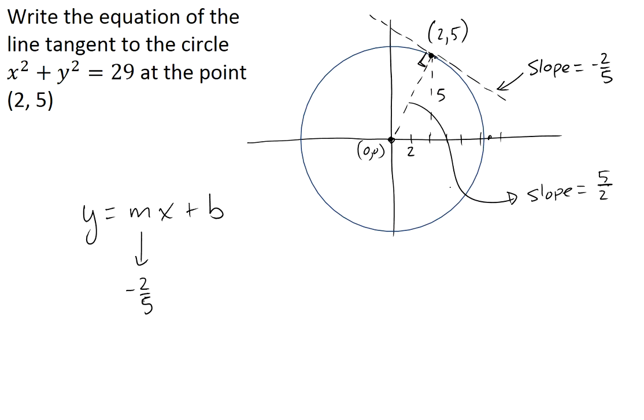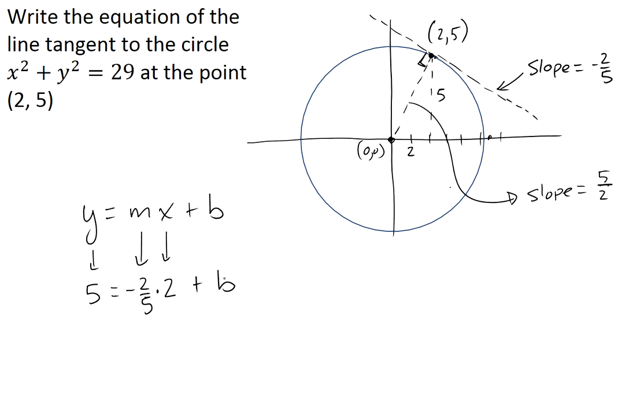I also know that this tangent line contains the point where x is 2 and y is 5. If I plug those values in, I have an equation where I know an x, a y, and a slope. The only value that I don't know is b, my y-intercept.